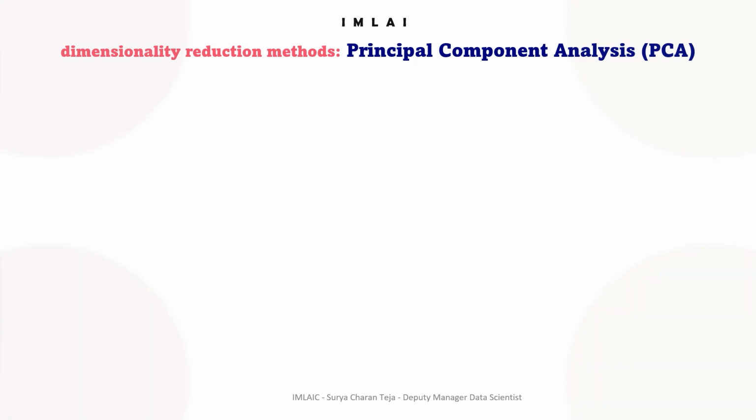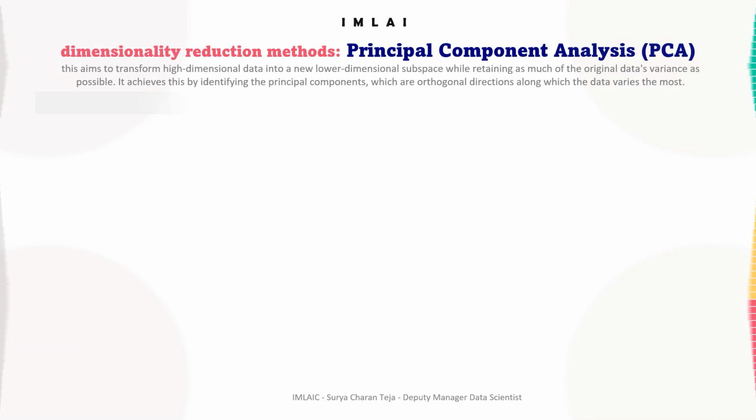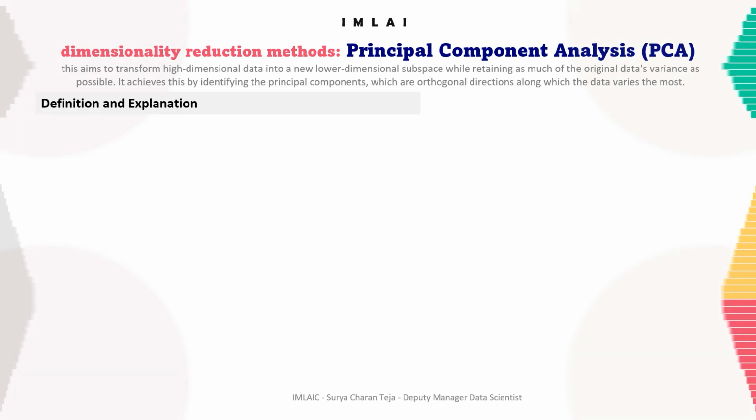Let's see a definition and explanation of principal component analysis, PCA. Let's break down the key concepts of PCA. There are two key concepts which have to be understood under PCA, the first one being principal components.